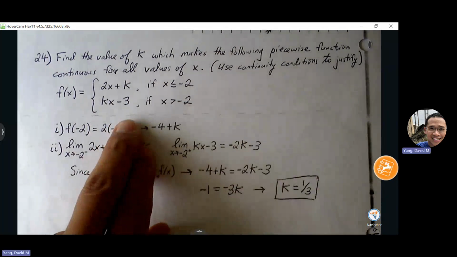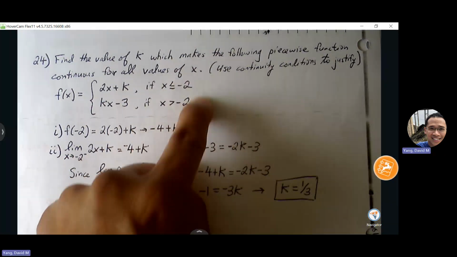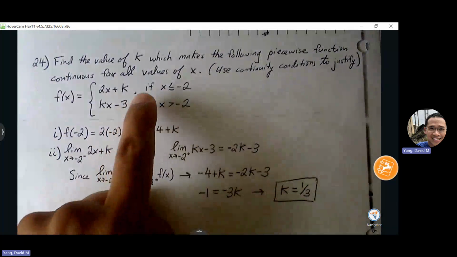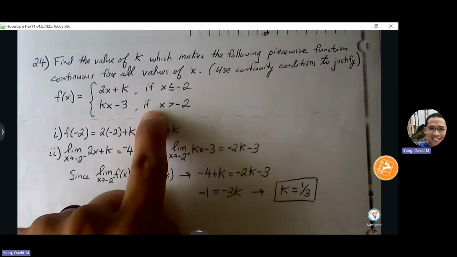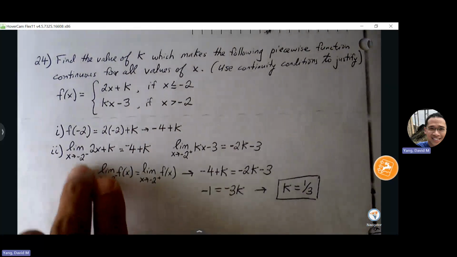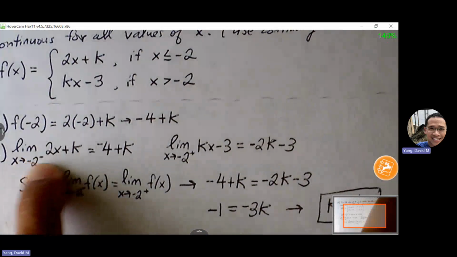Second condition, does the limit exist? Well, I have two different functions defined on either side of -2. So I have to do one-sided limits, once from the left and once approaching -2 from the right. So I'm setting up my two one-sided limit expressions here, and I'm just going to evaluate them. Okay.